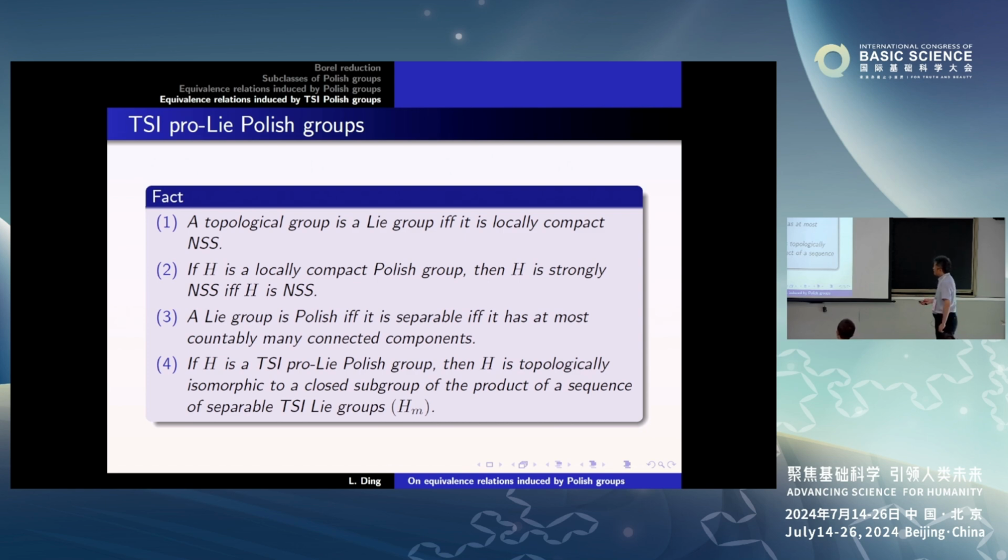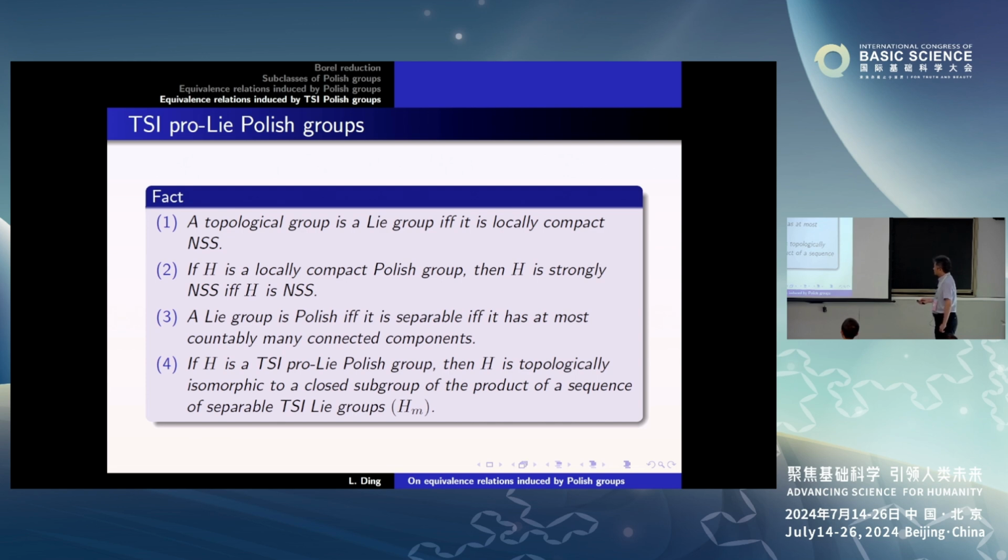Now, if H is locally compact, then H is strongly NSS if and only if it is NSS. And a Lie group is Polish if and only if it is separable. Separable means it has at most countably many connected components.